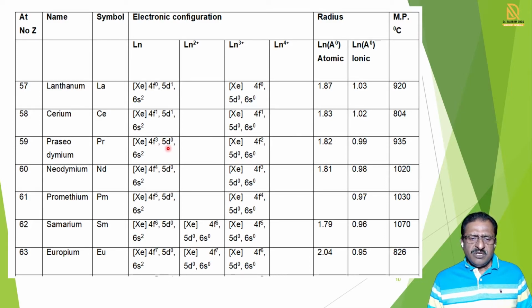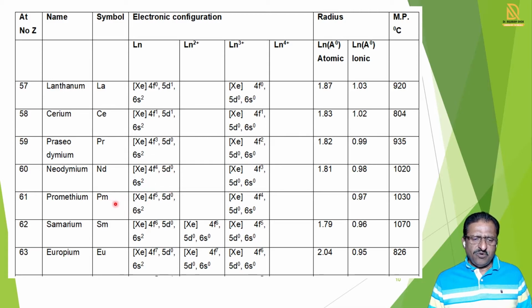But in other cases, the electron in the d orbital may be 0 or it may be 1, and it is not fixed because it shows this type of uncertainty. Then Nd, atomic number 60: in all cases xenon is the same, so we do not say xenon every time. Instead we only see the remaining electronic configuration, 4f4, 5d0, 6s2.